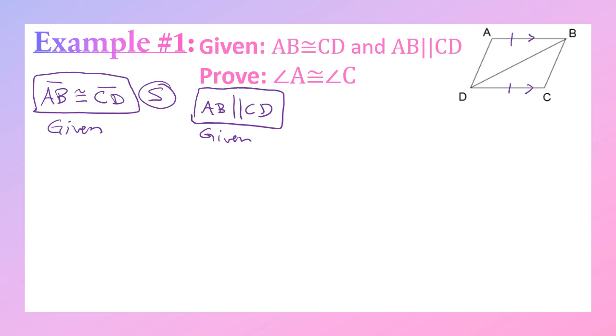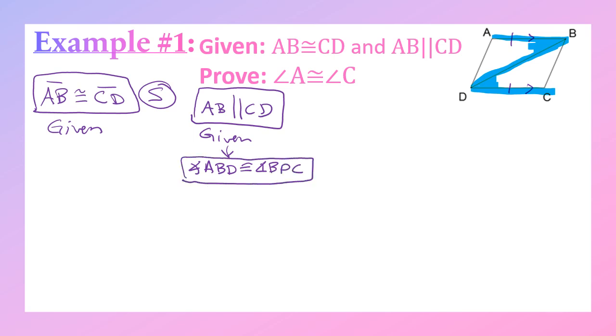When we see the parallel sign as a given in our proofs, we should look for the magic Z. If I take this picture and look for the magic Z and think about where the little armpits of those Z's are, they're right there. So I know that those two angles are congruent. What that parallel statement is telling me is that angle ABD is congruent to angle BDC.